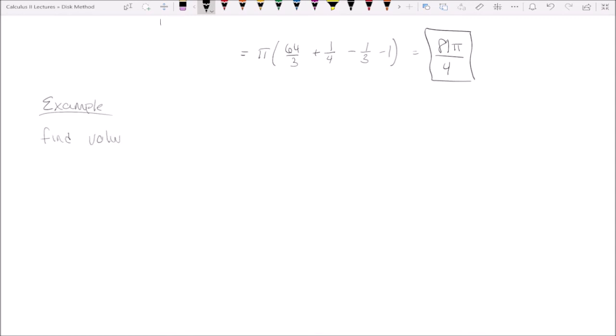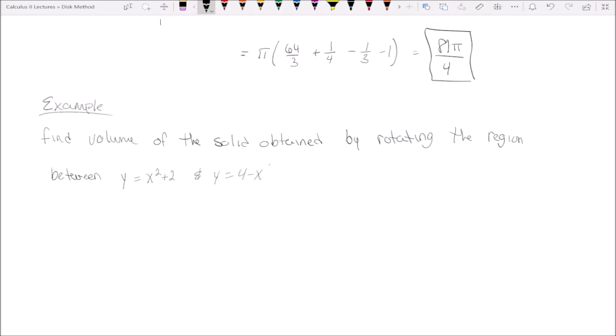So we're going to go ahead and find the volume of the solid obtained by rotating the region between y equals x squared plus 2 and y equals 4 minus x squared about the line y equals -3.